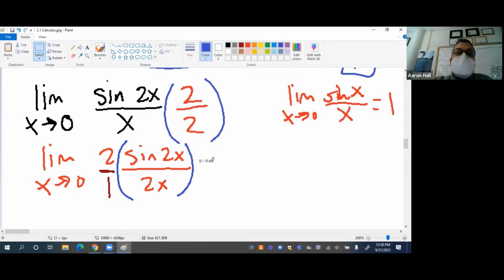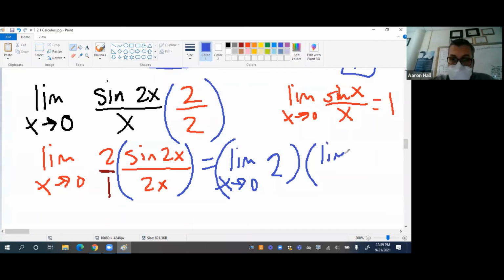This can actually be separated to be the limit as x approaches 0 of 2 over 1, or just 2, times the limit as x approaches 0 of sine of 2x over 2x. They're the same thing. That's one of our properties. We're about to go over all of the properties.